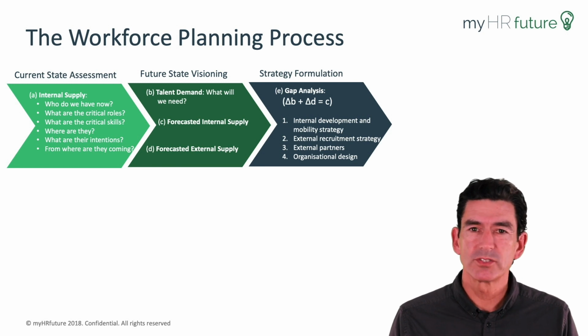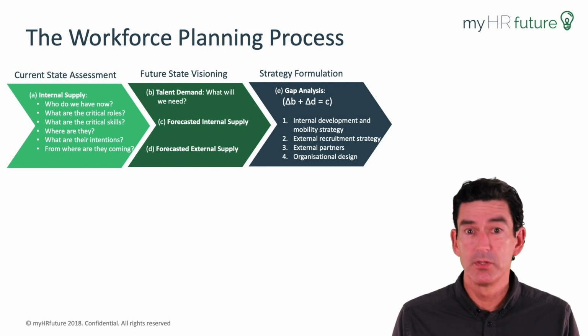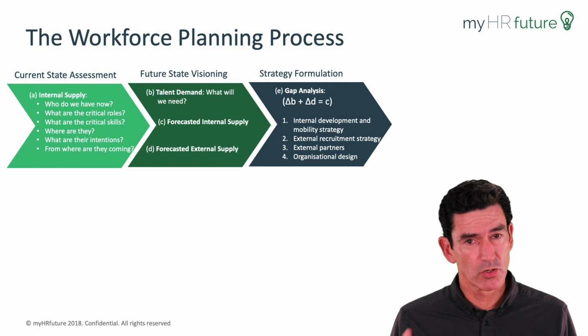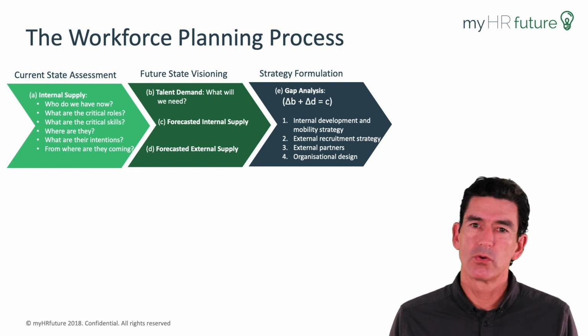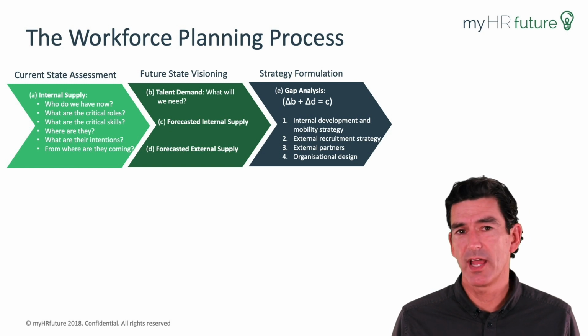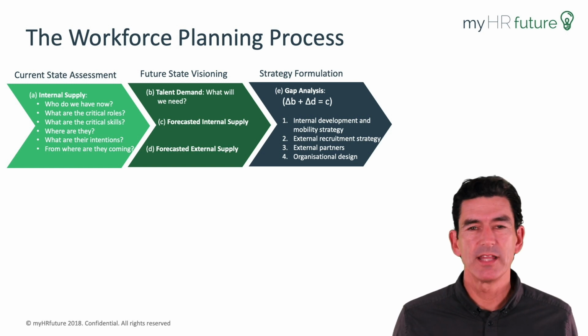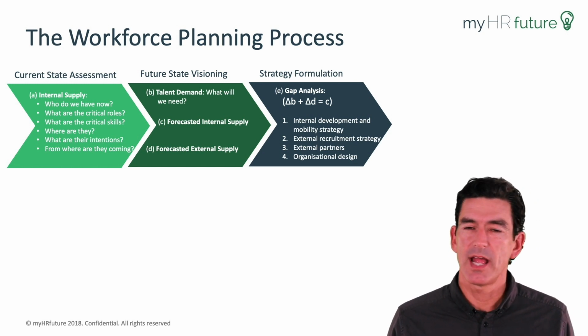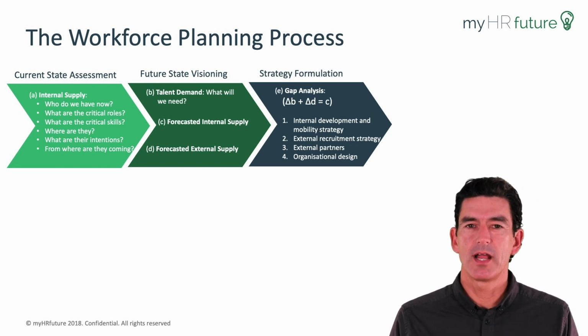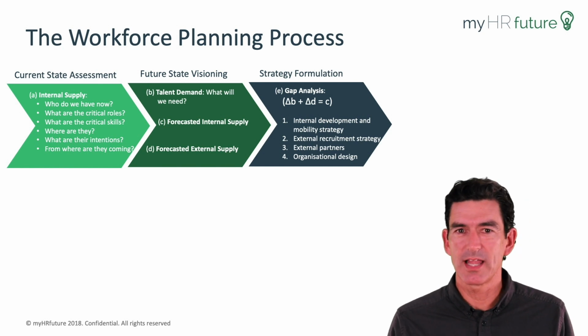Number 1, what's our internal development and mobility strategy? Number 2, what's our external recruiting strategy? Number 3, how are we going to work with external partners? And 4, how are we going to design the organization differently, maybe spans and layers differently, teaming, and so forth. So keep that in mind as we proceed and go to the last stage.